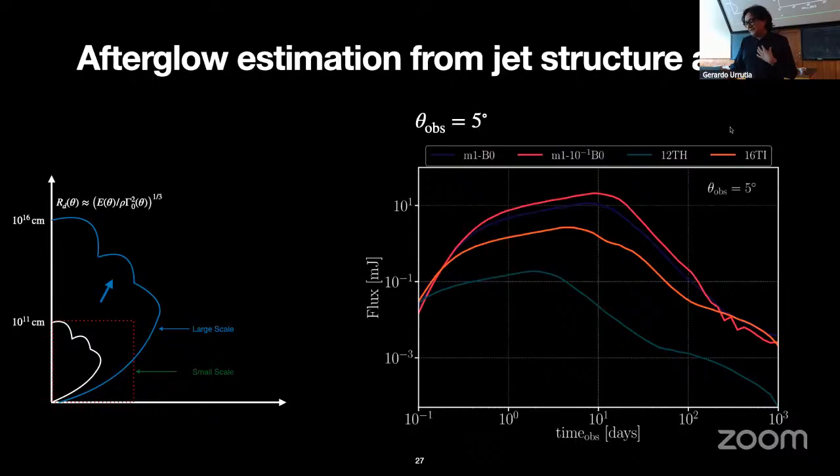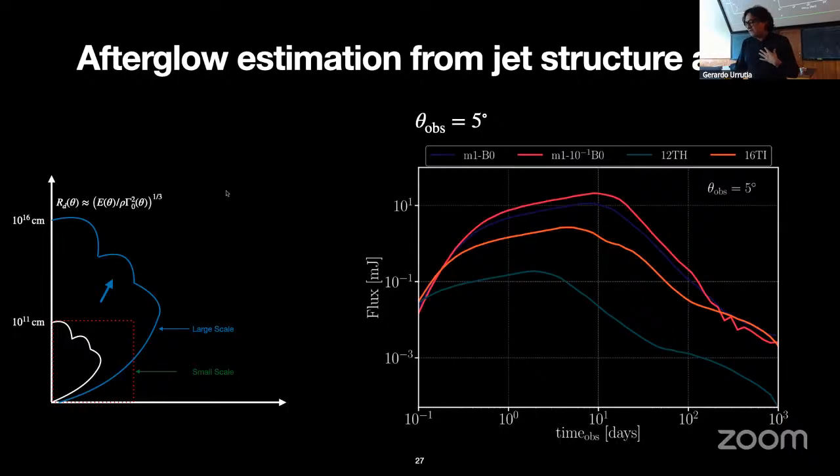Here we estimate light curves from our simulations. These light curves were estimated analytically, from the synchrotron emission. We assume we have a computational box which finishes at 10 to 11 centimeters, but the afterglow emission usually starts at 10 to 16 centimeters, when the jet starts a deceleration state.